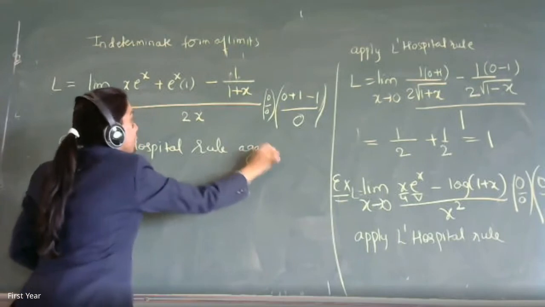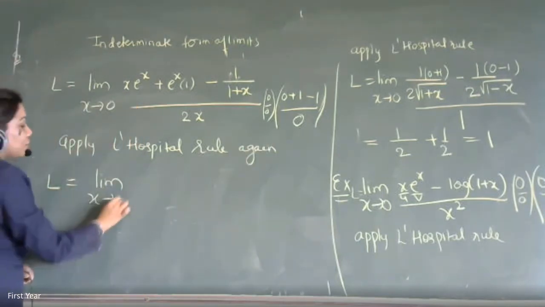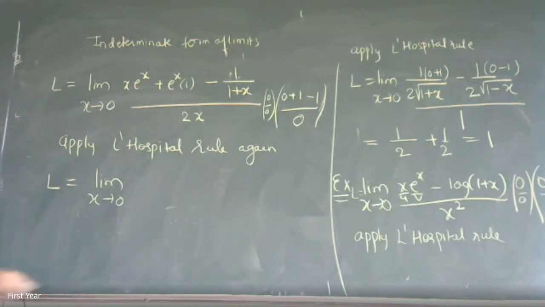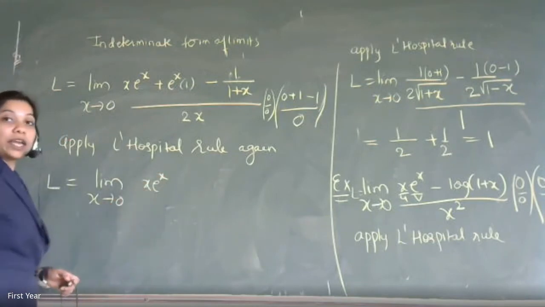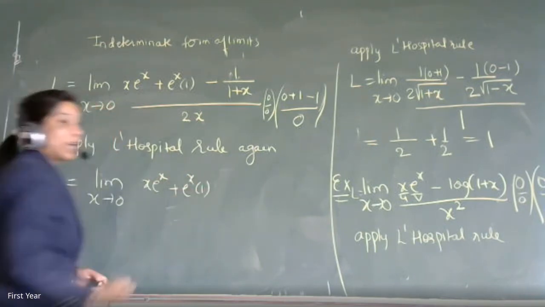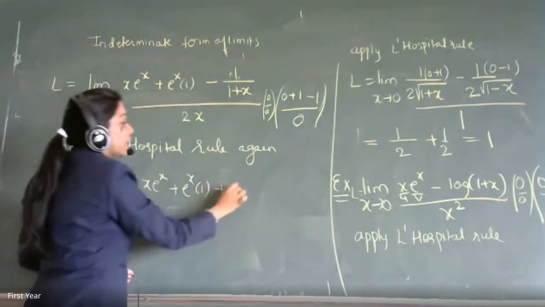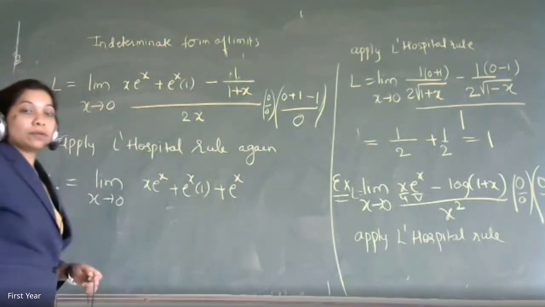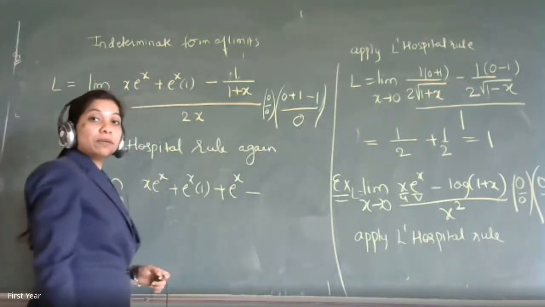Is it okay? So you'll get L is equal to limit as x tends to 0. फिर से x e raised to x का डेरिवेटिव x as it is, e raised to x का डेरिवेटिव e raised to x, plus e raised to x as it is, derivative of x is 1, plus e raised to x का डेरिवेटिव e raised to x, minus 1 upon 1 plus x. इसका डेरिवेटिव क्या है?